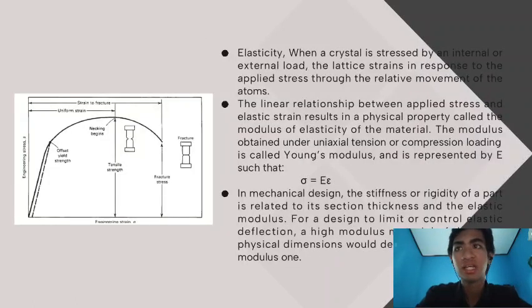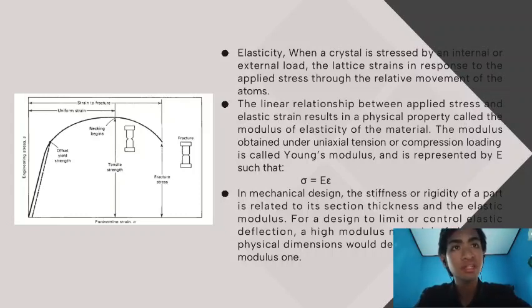Okay, next, elasticity. In the elastic region of the engineering stress strain curve, stress is linearly proportional to strain. This region is the straight line that can be seen on the left hand side of the stress strain diagram.